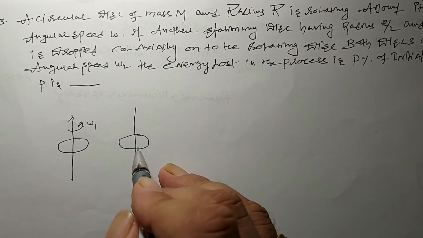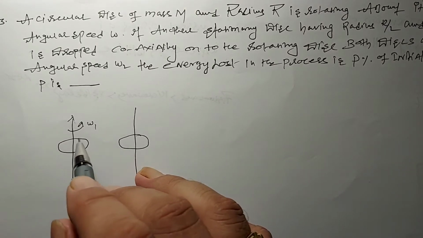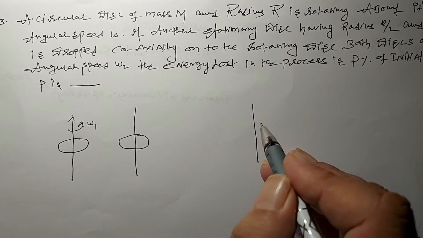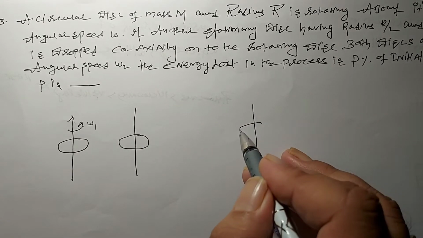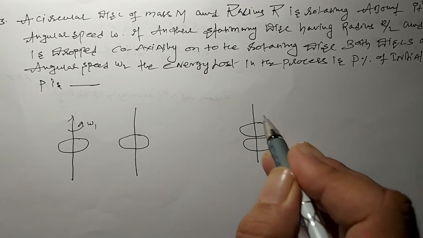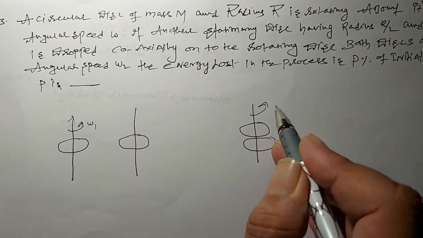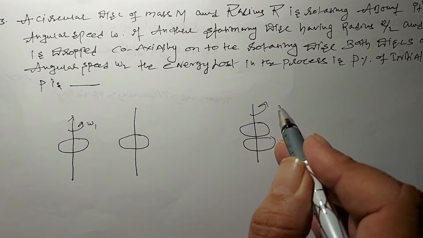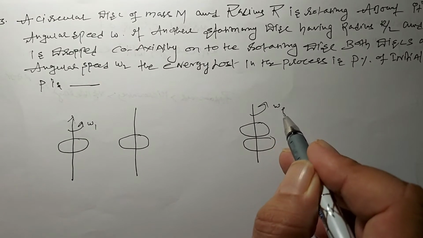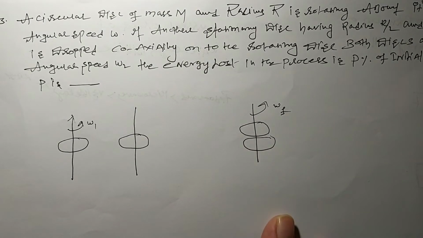Whenever this disc is dropped on the rotating disc coaxially, both rotate together with a common angular speed, that is omega final. So here we solve this problem by using the law of conservation of angular momentum.